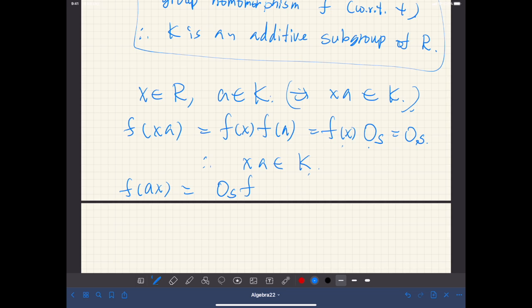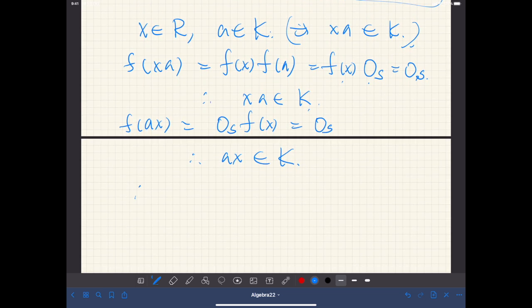And similarly, we can also show that f of ax is equal to 0_S times f of x, which is 0_S. Therefore, ax is in K. Therefore, K is an ideal. So it's a two-sided ideal of R, and we are done.